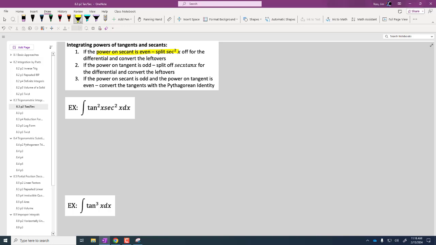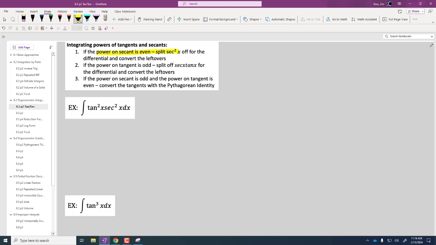Tangent, because the derivative of tangent is secant squared. That tells us we need to convert the leftover secants to tangents so that when we let u be tangent, all the tangents are replaced with u's. So if secant is to an even power, we can pull off secant squared.